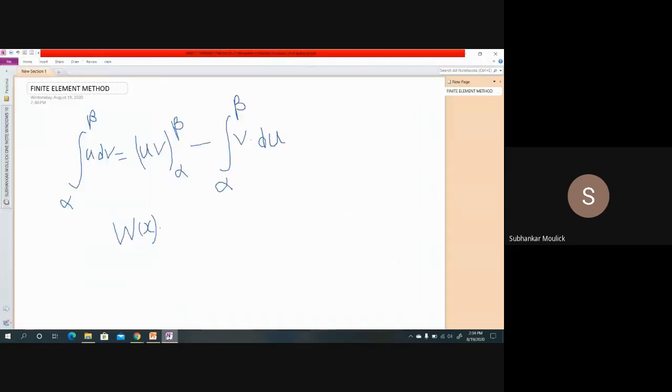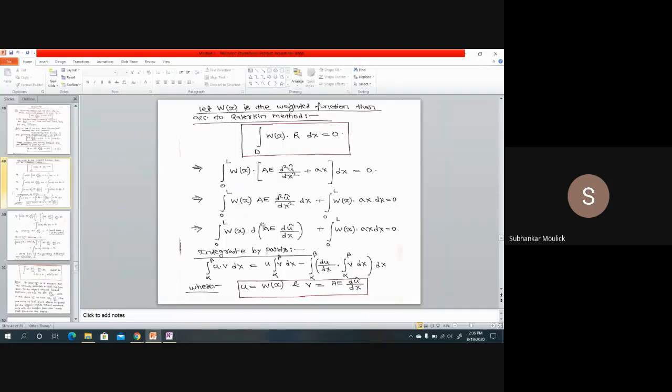Let us write that: A into E du cap over dx, whole bracket, limit alpha in my question is 0 and beta is L, minus integral alpha in my question is 0, beta in my question is L, into V. V is nothing but this term A into E du cap over dx.